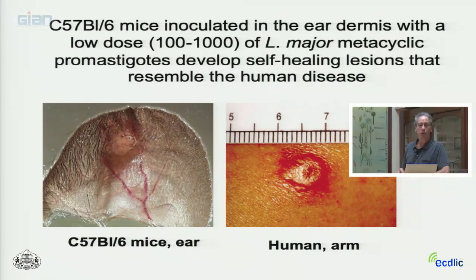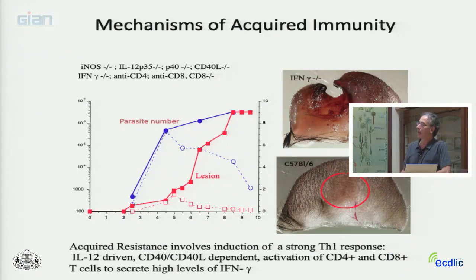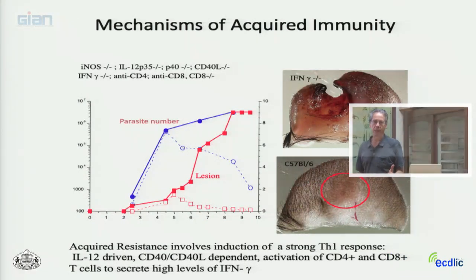So when we and other groups use needle inocula, we put it in the skin of a mouse, and they'll develop these nodules. Sometimes they'll ulcerate, usually not, but they'll always self-heal within a few weeks or a few months. And these pathologies look quite a bit like the kinds of lesions you see in people. So that's the model we use.